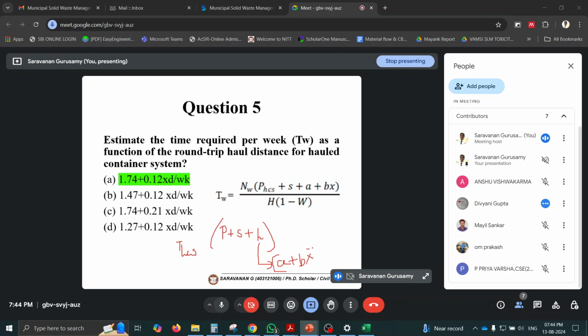This distance is haul distance, one location to the disposal site location. So this is our H. So that X we are getting from this formula. The same formula A plus Bx we can apply for one location to another location. The small dbc also we can find with the same A plus Bx formula. For that we need to use that A, that B, and the distance between two locations.